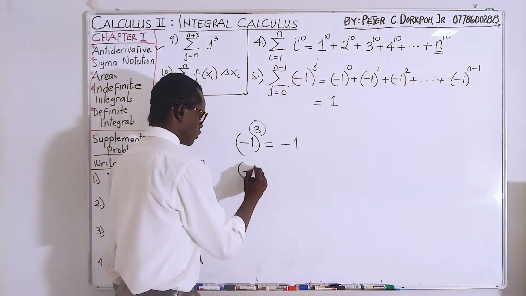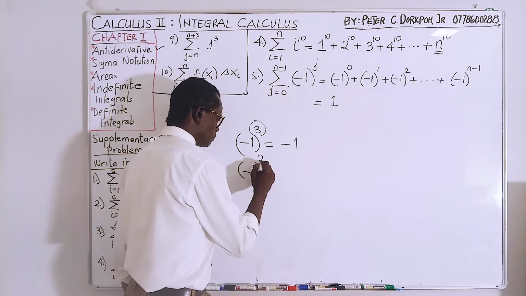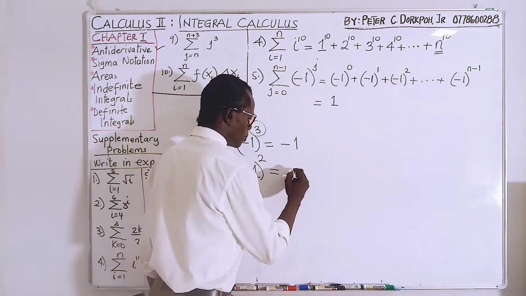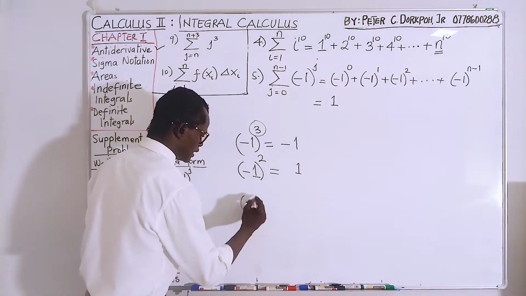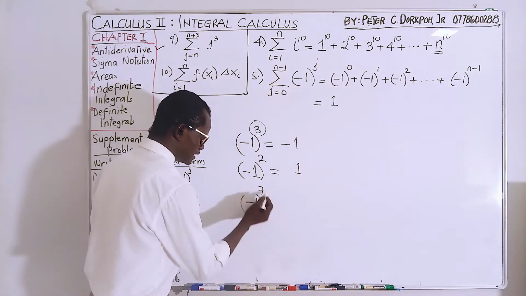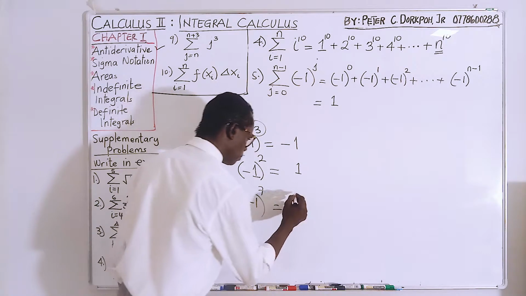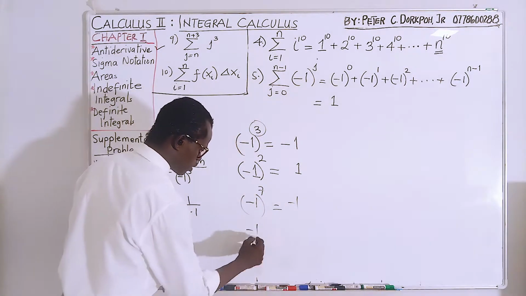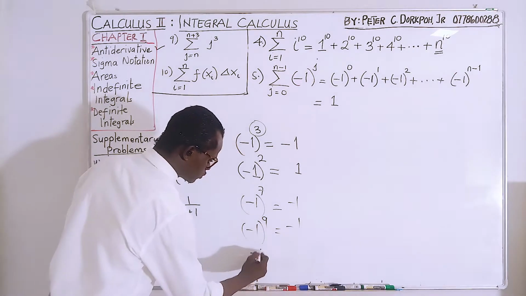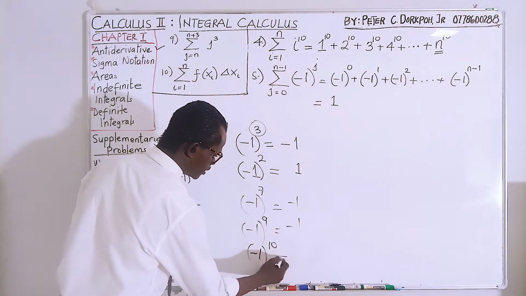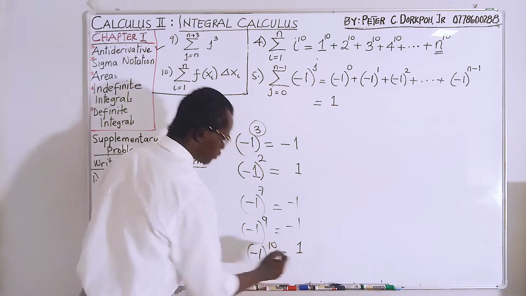If you have negative 1 raised to an even power, which is 2, it will give you positive 1. So even if this was negative 1 that is being raised to the power 7, 7 is odd, so it will be minus 1. Minus 1 raised to the 9th power, 9 is odd, it will be minus 1. Minus 1 raised to the 10th power, 10 is even, so it will be positive 1.